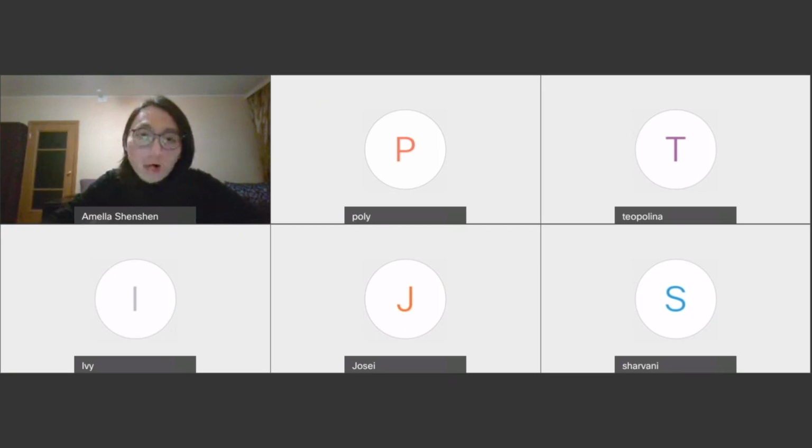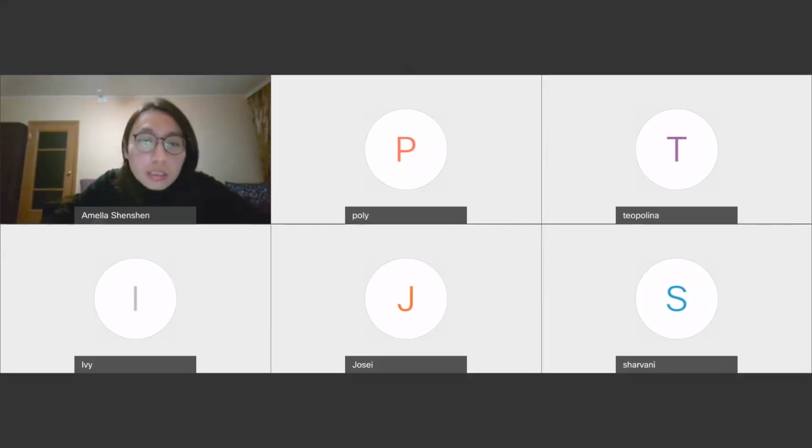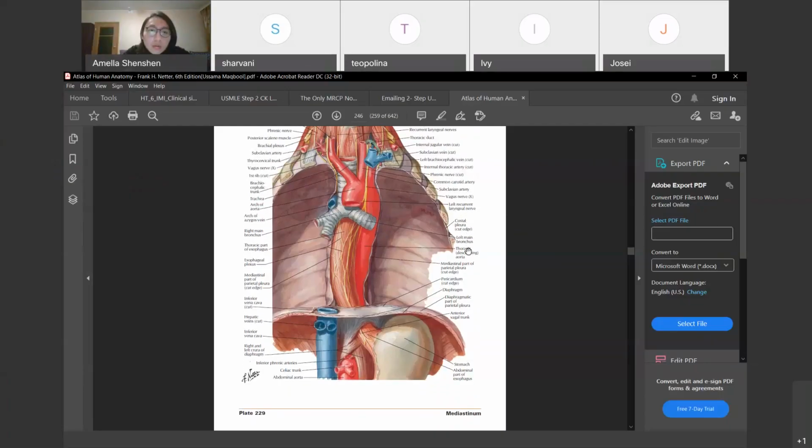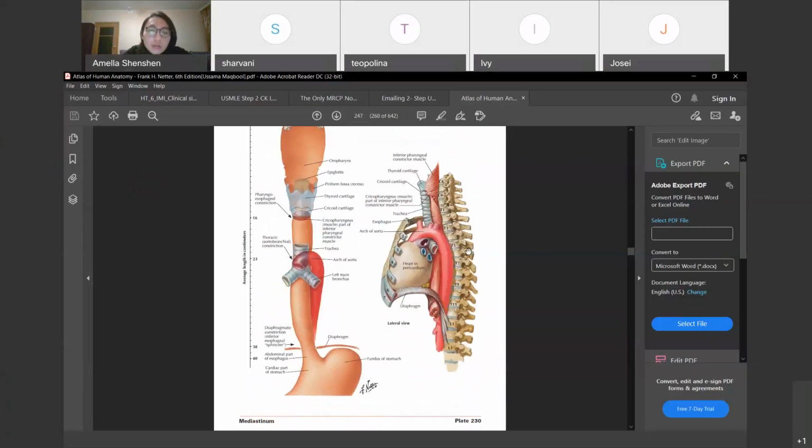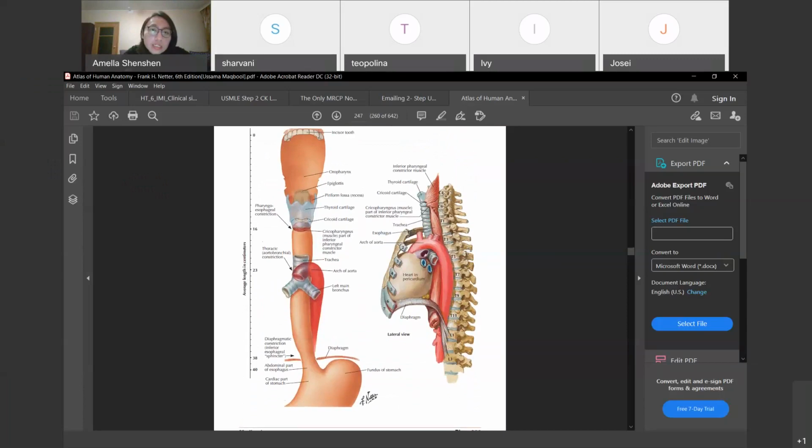So, of course, the picture that I refer to is from our textbook, I don't know which version.